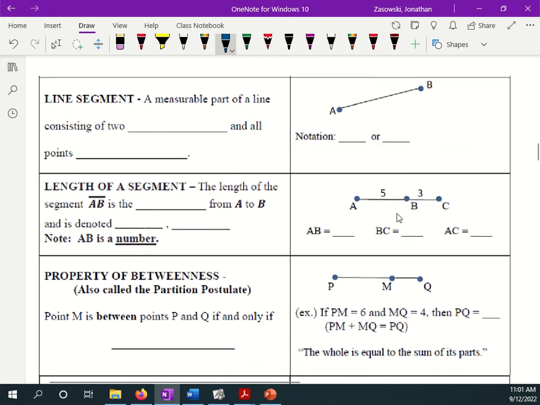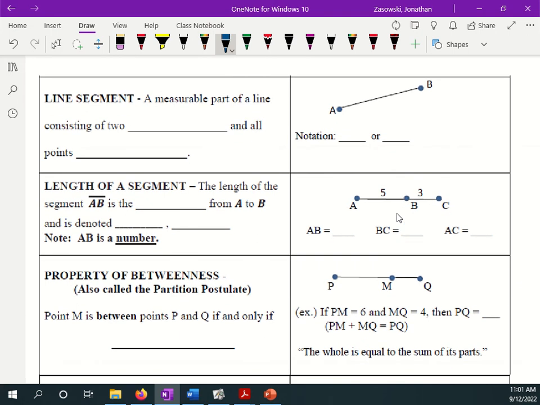All right, a line segment is the measurable part of a line consisting of 2 points or endpoints, and all of the points in between them. Either between or in between, your call.